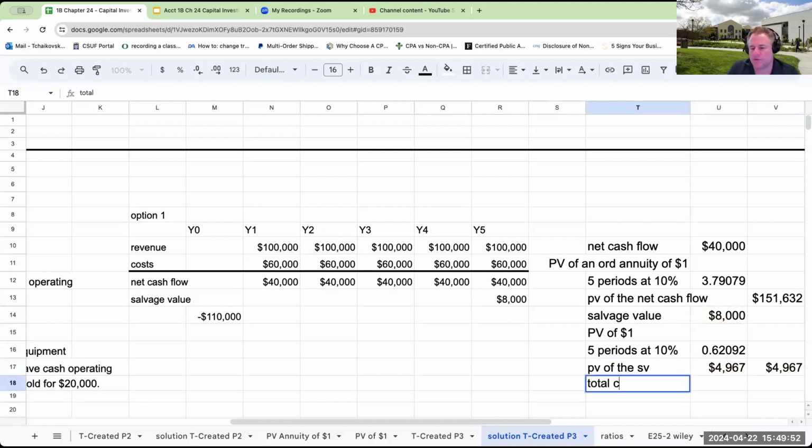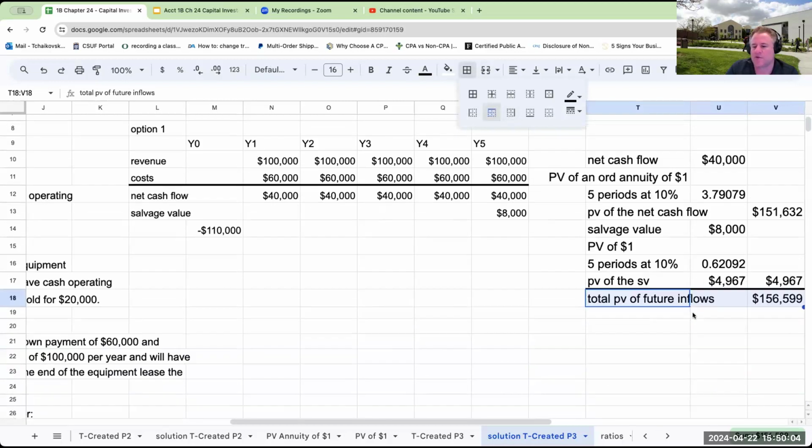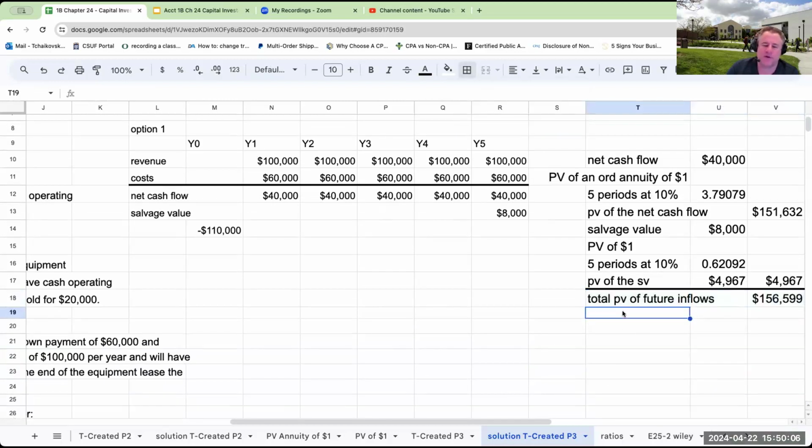So my total present value of future inflows is going to be 156,599. So to get the net present value, my initial investment is going to be 110,000, right? So that's my initial investment.